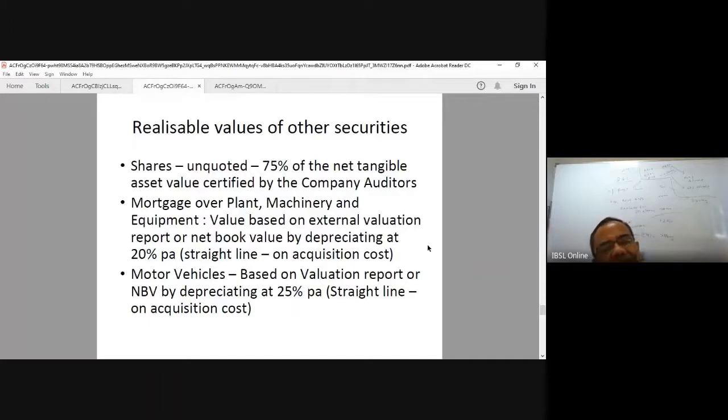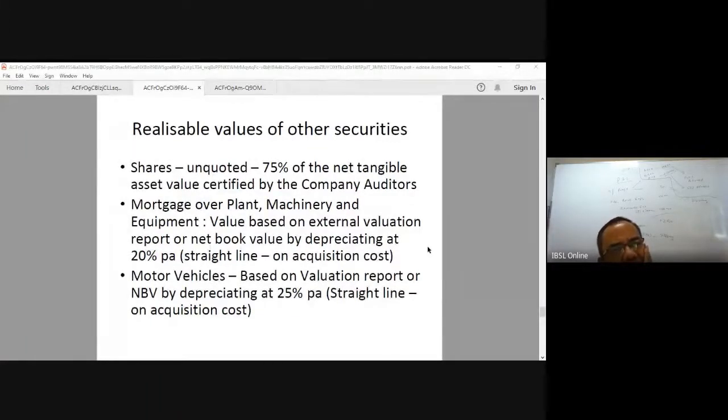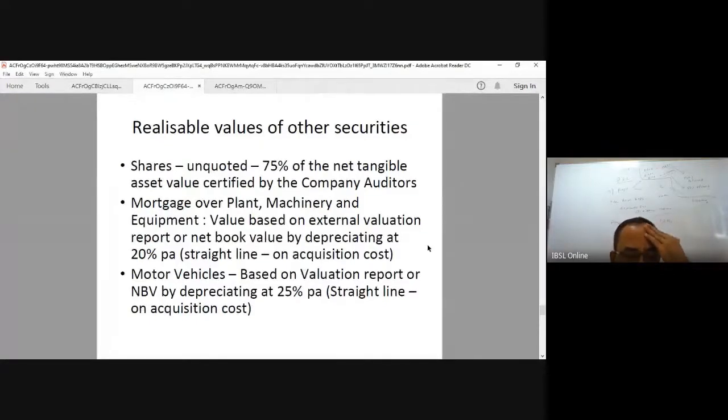So let us say we are looking at the 4th year of the asset, that means only 20% will be balance, or up to the fourth year maybe 40% will be balance. Right, 3 years we would have written off 60%, depreciated 60%, balance 40% will be there. Fifth year means only 20%. Right, that portion can be taken.